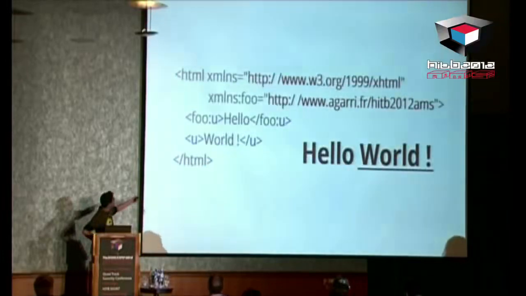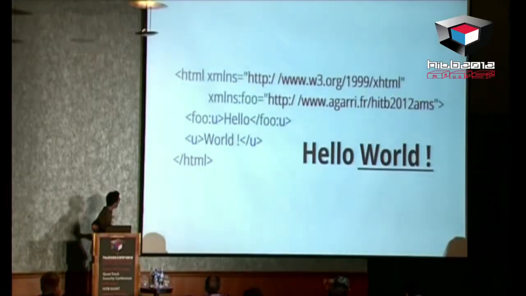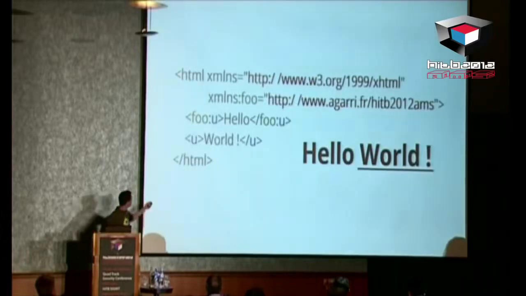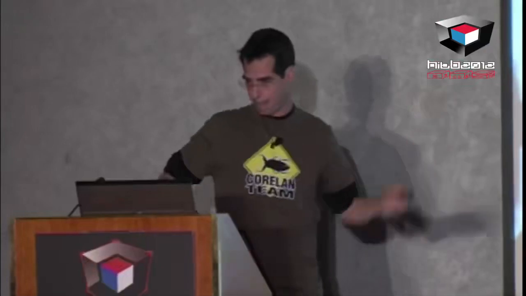This is the default one, which is the XHTML namespace, and the full one, which is a private namespace with my own URL. And then when a browser will try to interpret this document, only the word will be underscored because the browser has no idea of the meaning of the U tag in this namespace. Okay?